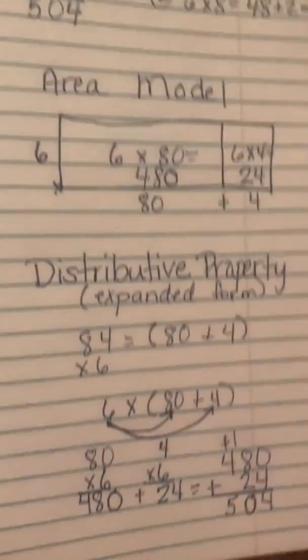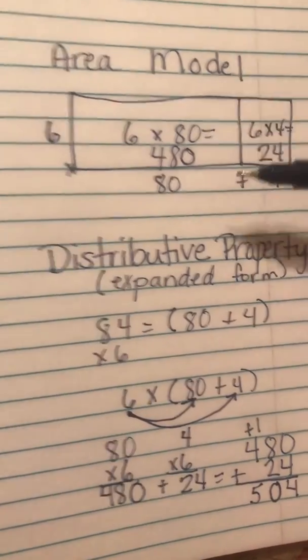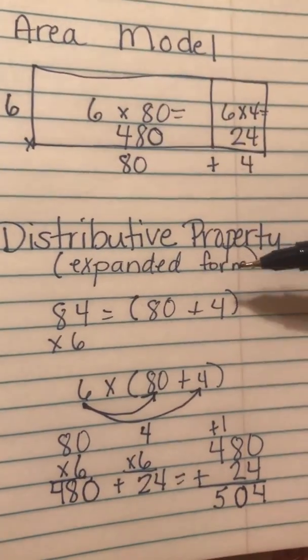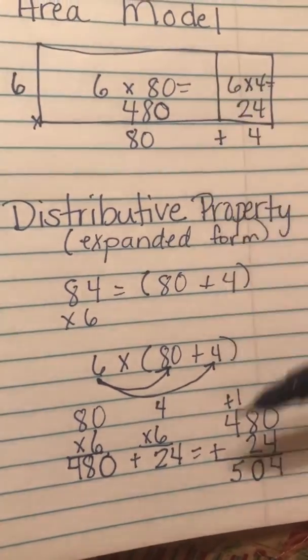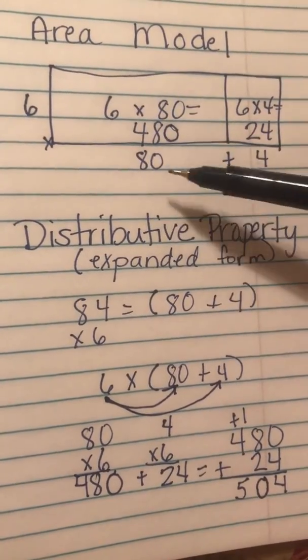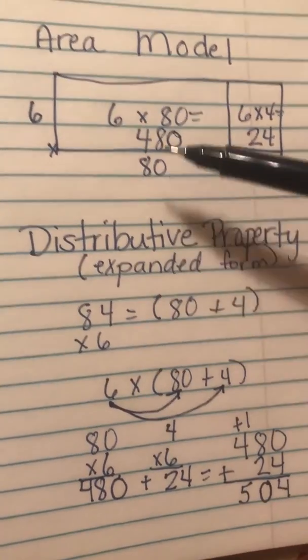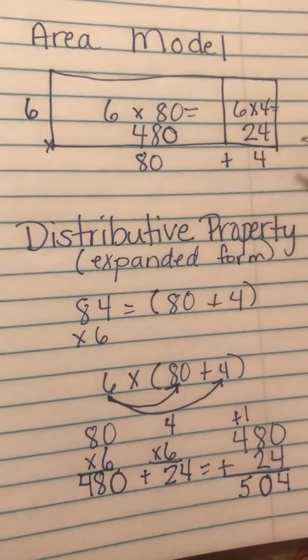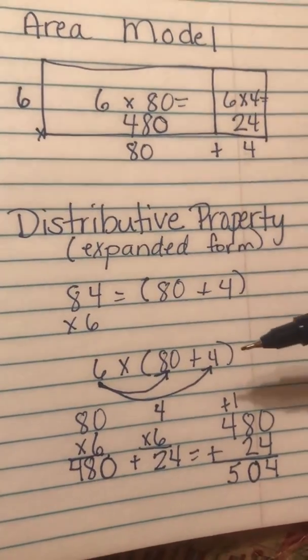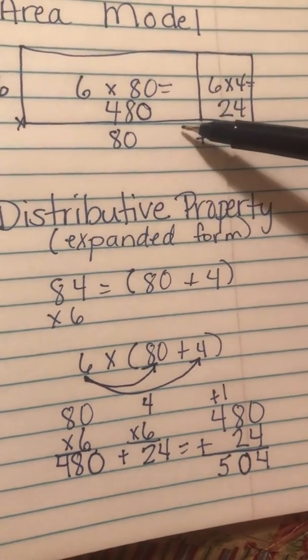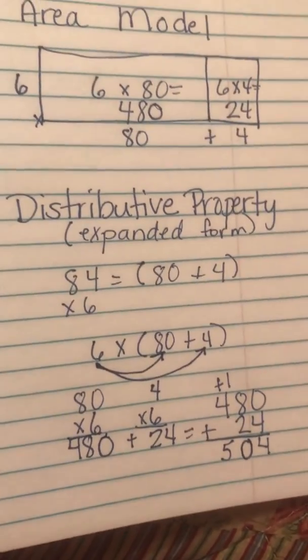Now, you may have noticed the area model and the distributive property strategy are very similar because they are both utilizing expanded form. The only difference is the area model is using a rectangular array to assist with the multiplication as a visual picture for students.